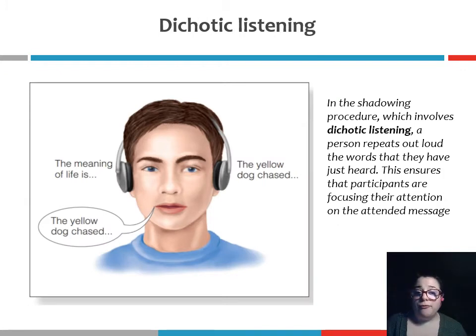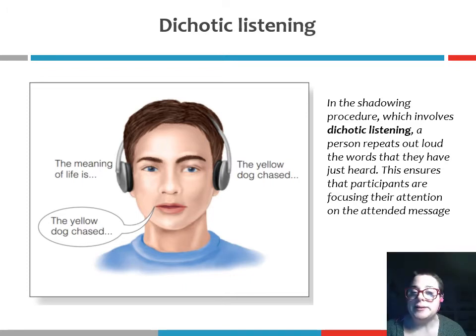So in an effort to do this, Broadbent devised a technique called the dichotic listening task. Dichotic refers to presenting different stimuli to the left and right ears. You present, for example, one sentence in the left ear and one sentence in the right ear.